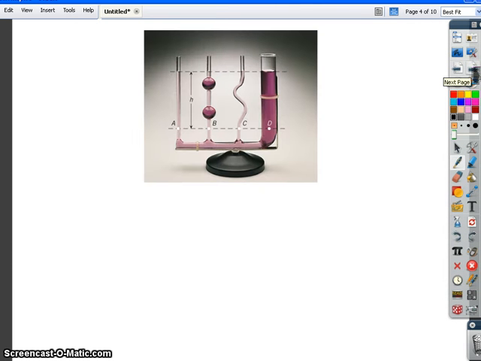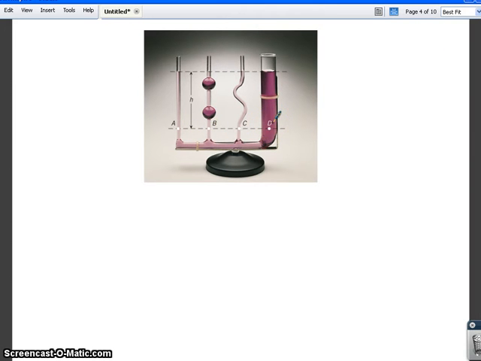Here's another example. Which one of these figures, A, B, C, or D, have a greater pressure? And the answer to this is A equals B equals C equals D. It doesn't matter if it's a thick tube or a swirly tube or a tube with two knobs in it or a regular thin tube. Pressure depends upon height. These all have the same height. And pressure is exerted in all directions.